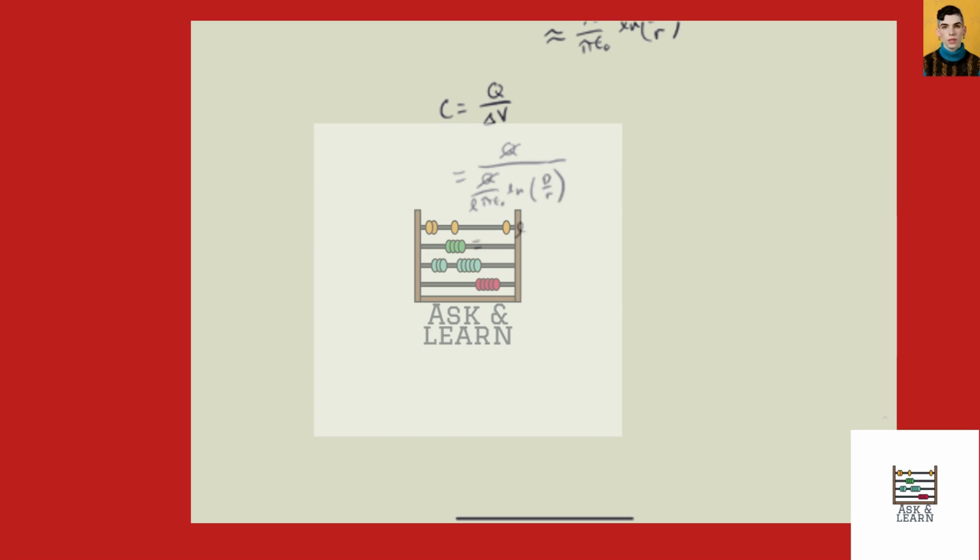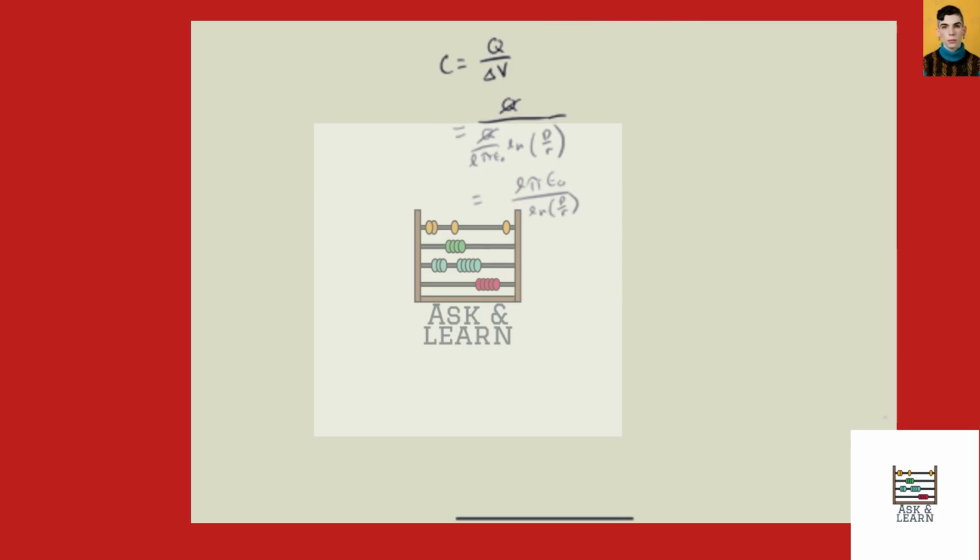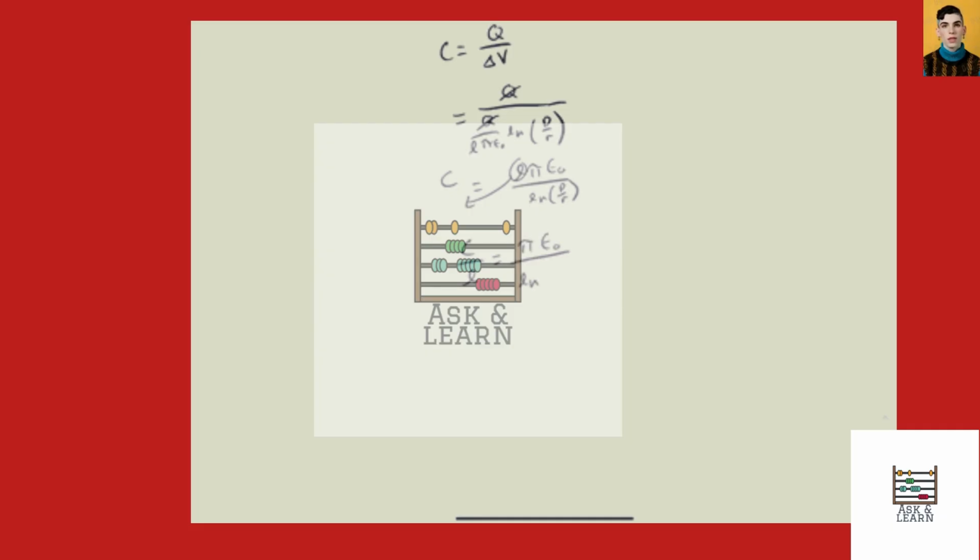So this equals L pi epsilon naught over ln d over r. And now if I really want the capacitance per unit length, I can bring this into the denominator, and we get C over L is pi epsilon naught over the natural log of d over r. And that's exactly what we were looking for.